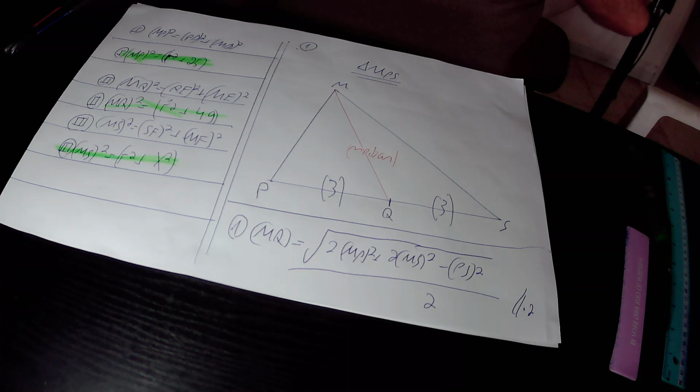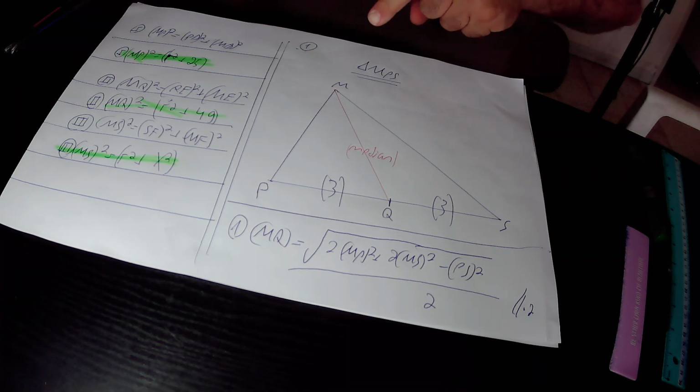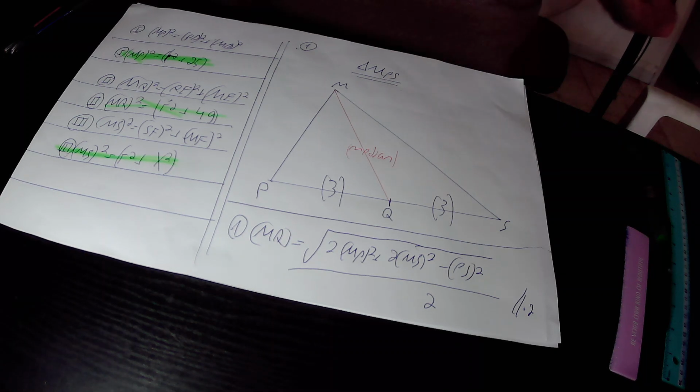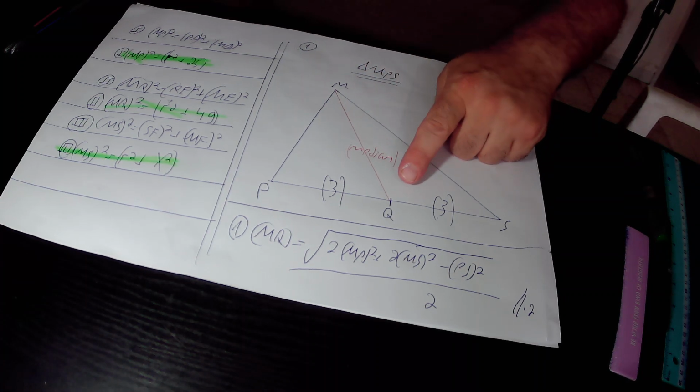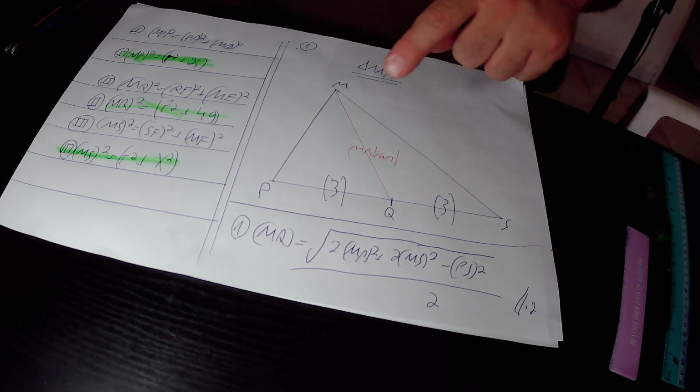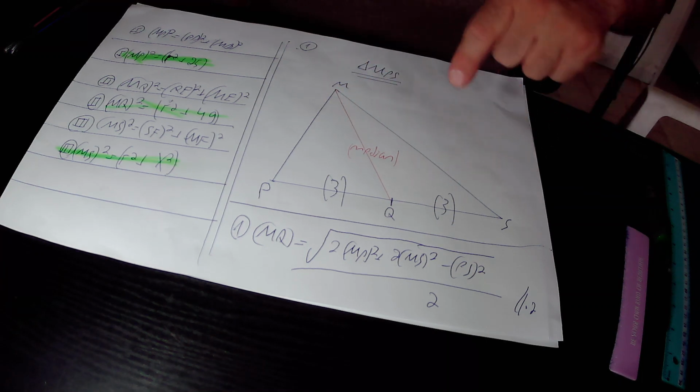So what is the definition of a median? A median is a line segment that connects the vertex to the midpoint of the opposite side. This median MQ connects the vertex M to point Q, that is the midpoint of the opposite side PS.